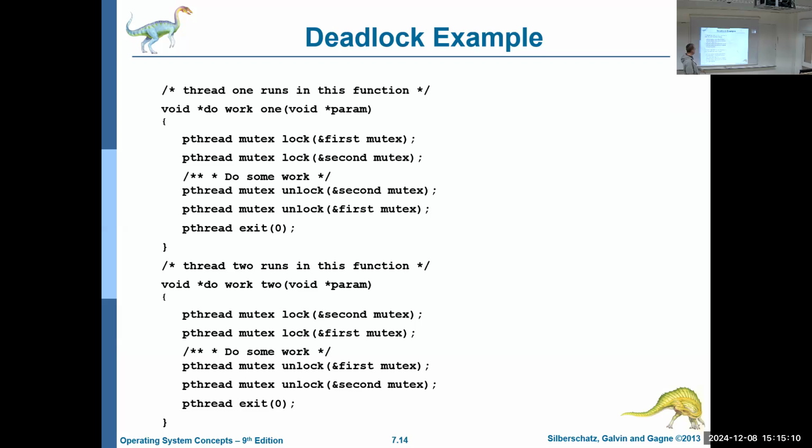Now, that seems right, but the other program does it in the reverse order. He gets the second and then gets the first. So it could happen that I get the first and then he gets the second, and now I'm waiting for the second, but he's got it. And he waits for the first and I've got it. So this would be a deadlock. Nothing to do really with a resource. What's a resource? The mutex itself is a resource. I'm waiting for mutex lock 2, and he's waiting for me, for mutex lock 1.